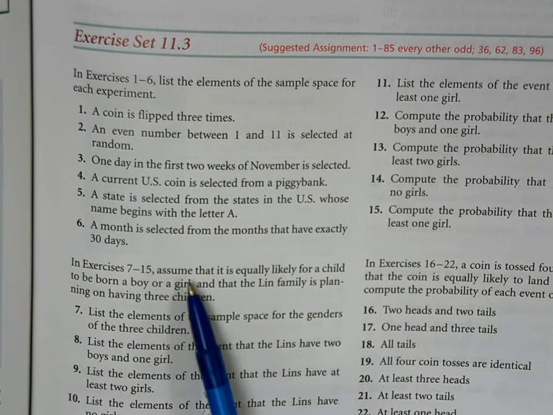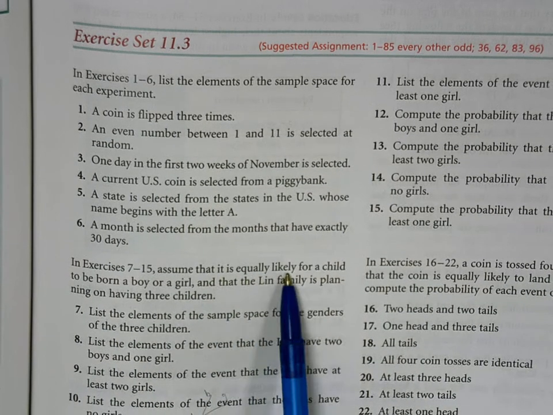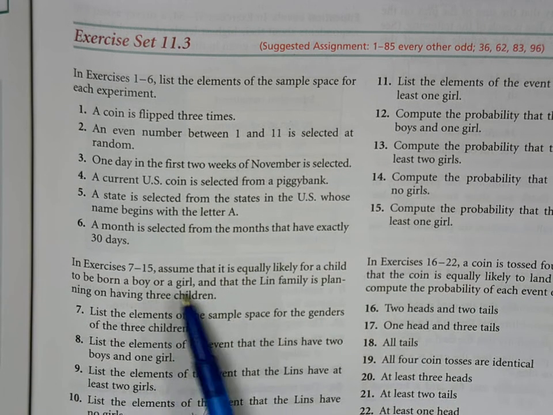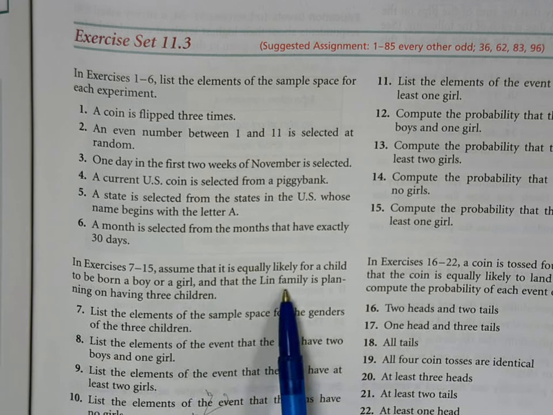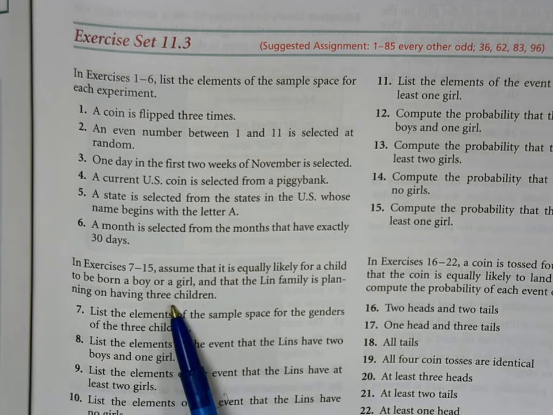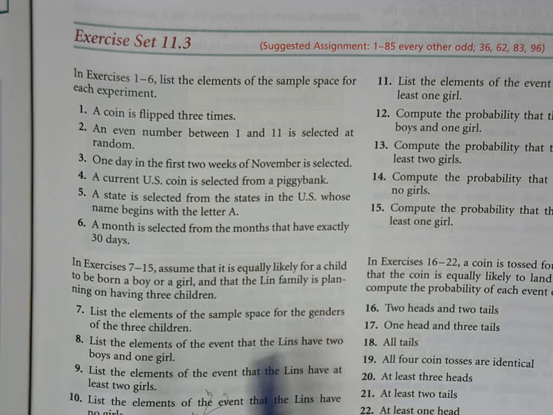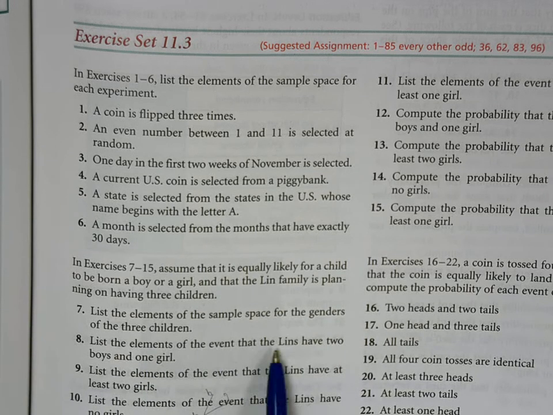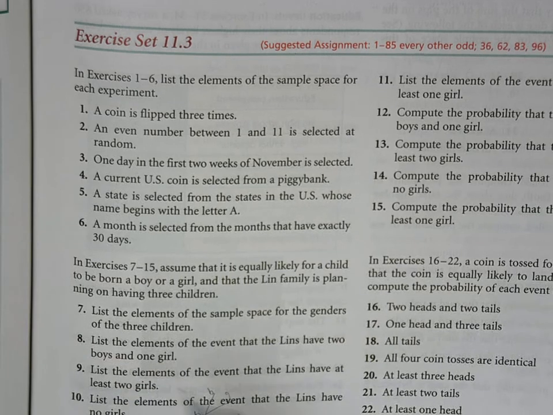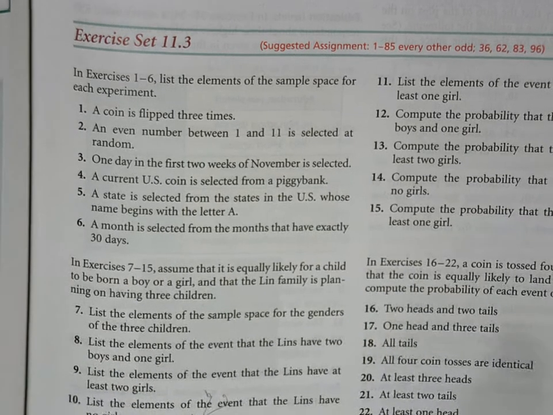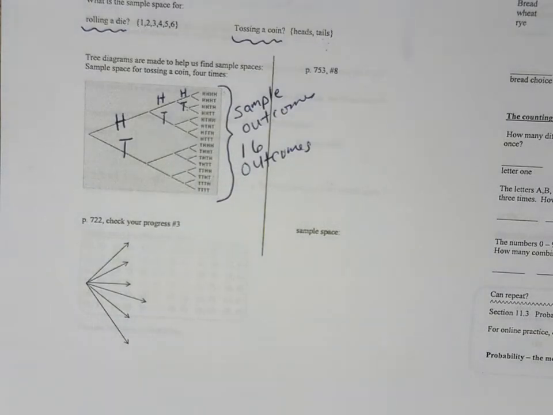Okay, it says, assume that it is equally likely for a child to be born a boy or a girl, and that the Lynn family is planning on having 3 children. What we're going to do, we're going to list the elements of the event that the Lynns have 2 boys and 1 girl. So let's make a tree diagram first.